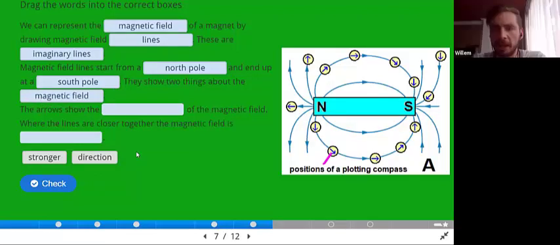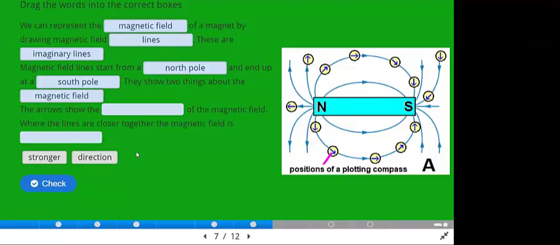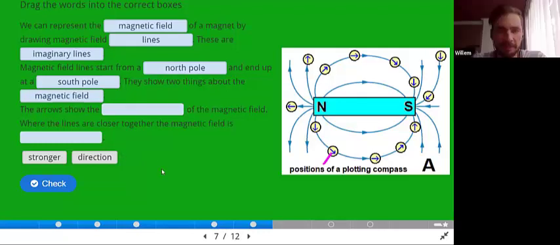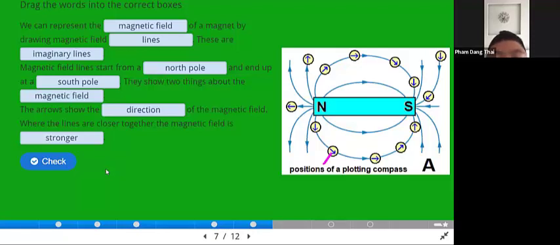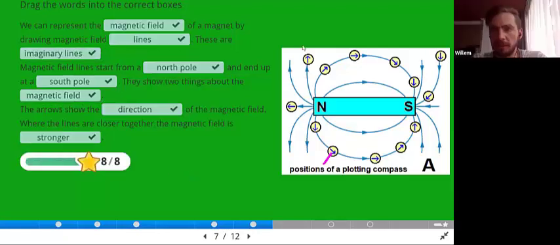Đăng Tài, can you read the next sentence? The arrows show the direction of the magnetic field. Where the lines are closer together, the magnetic field is stronger. Okay, well done.